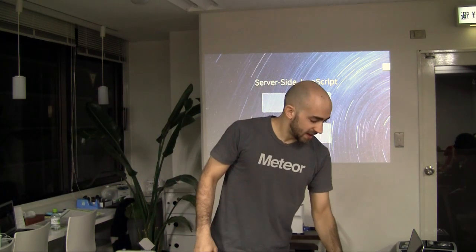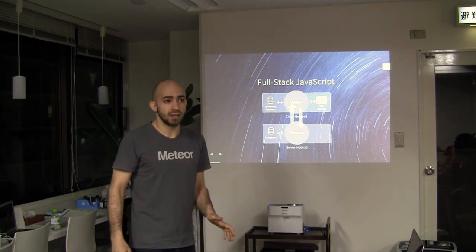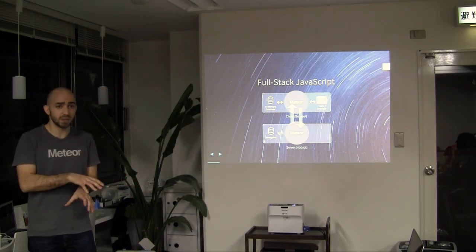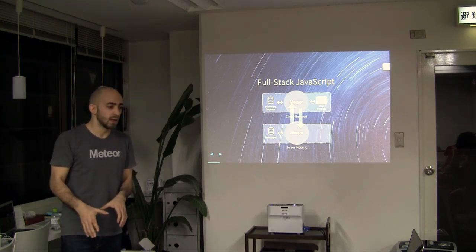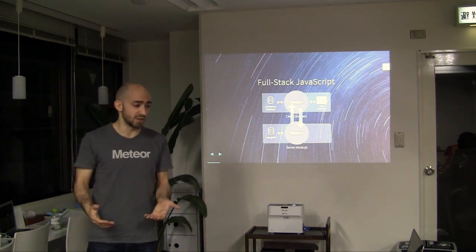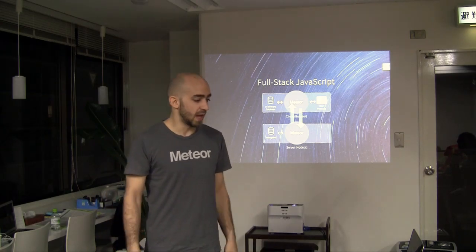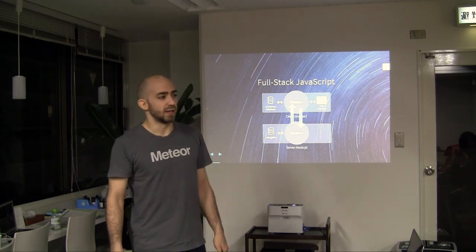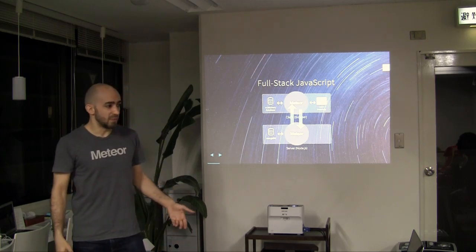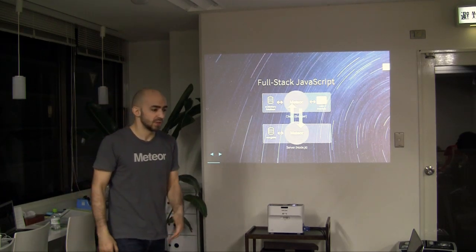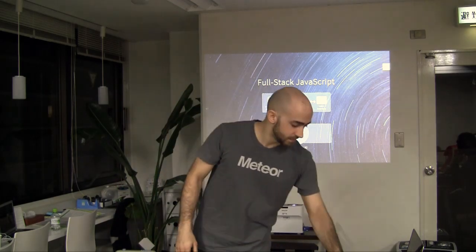So the big innovation of Meteor is that you have Meteor on both sides. Meteor has a server-side component that runs on Node and a client-side component that runs in the browser. This is what we call full-stack JavaScript, and it's kind of like the holy grail of web development to have only one language and one environment for your whole app. So that's what Meteor is trying to do.